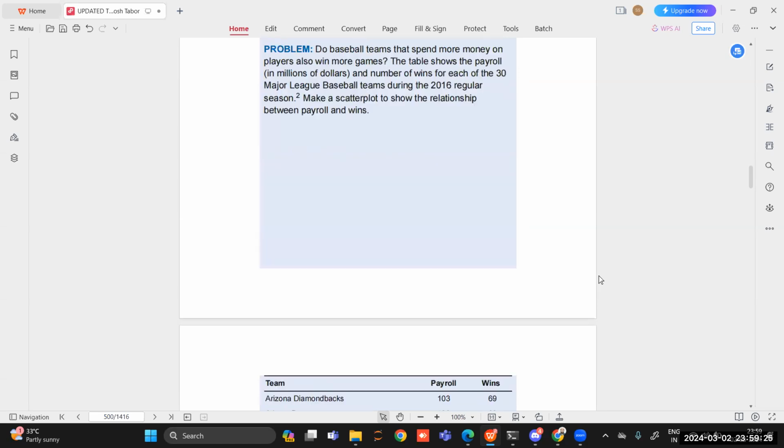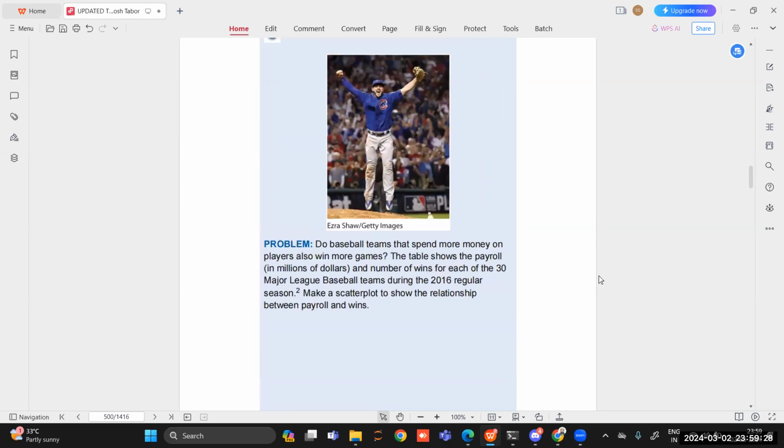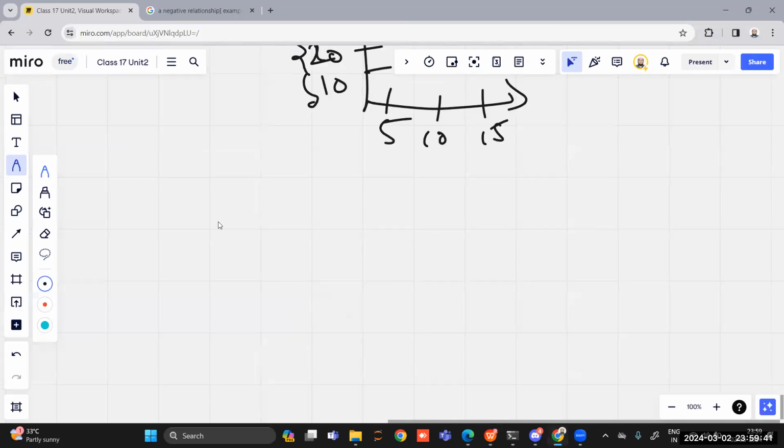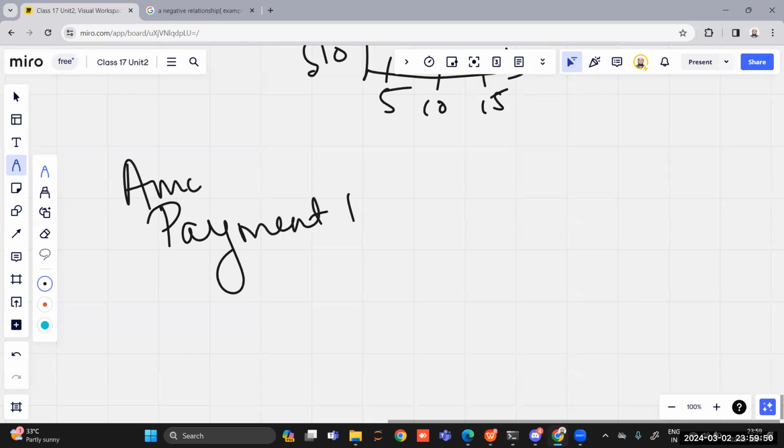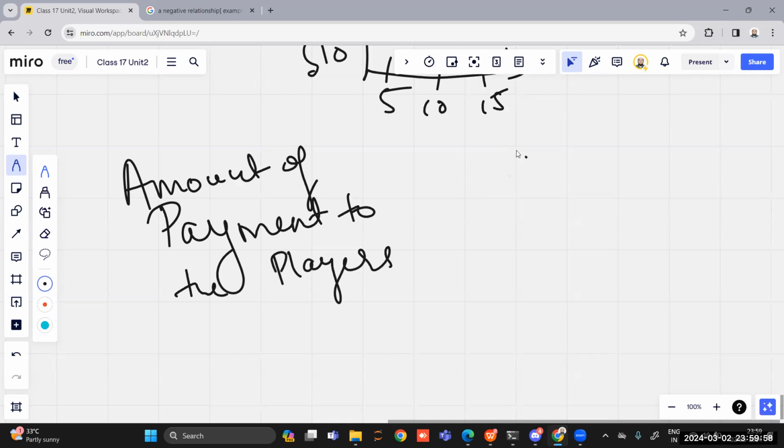So this is data about basketball franchises, or basketball clubs, and they pay the players for playing for their team. So does the amount of payment to the players affect the performance in a match?